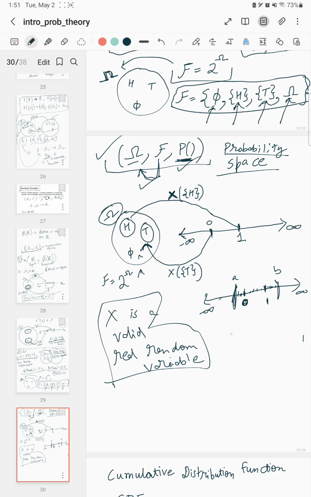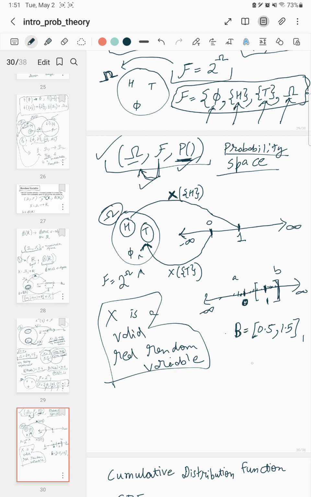Let's say I select a Borel set, capital B, which is the closed interval of all real numbers from 0.5 to 1.5.